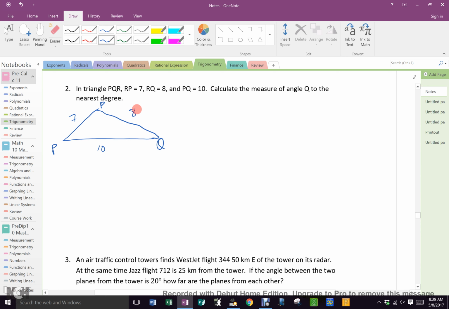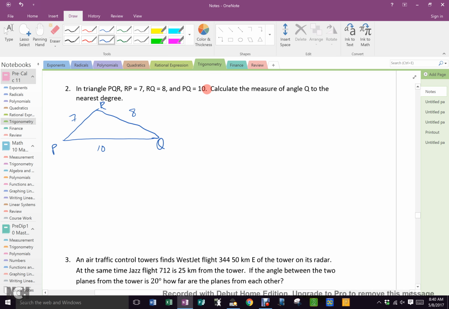Is everybody okay with that? P to Q is 10. P to R is 7. R to Q is 8. Everybody good? Did I have to draw it this way? I did not have to draw it this way, did I? Okay.